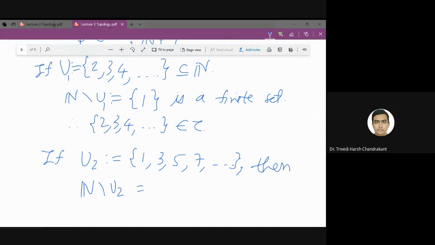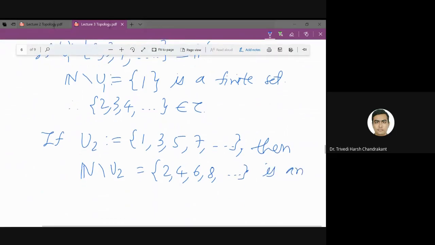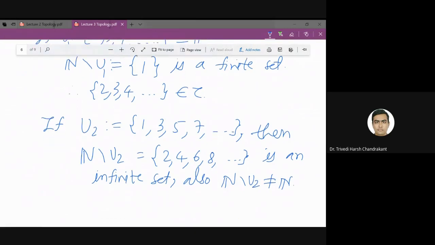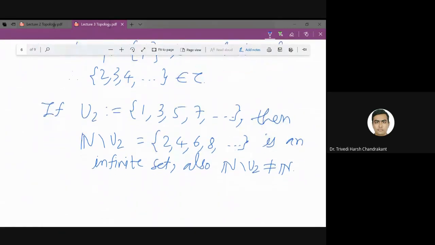This is the set of even numbers, and this set is an infinite set, and also N minus U2 is not equal to N. So both conditions fail. It is not a finite set and it is not the whole of N. So therefore U2 is not an element of tau.